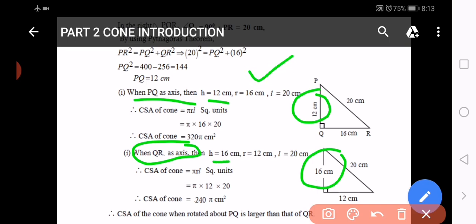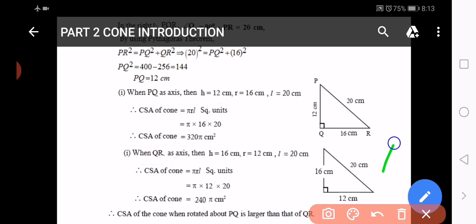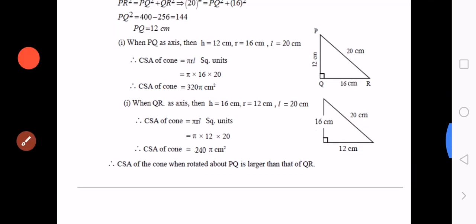Another one is radius, which is very important because it is used in the sum. In the curved surface area of the cone, we don't need the height measurement. We only want r and l.